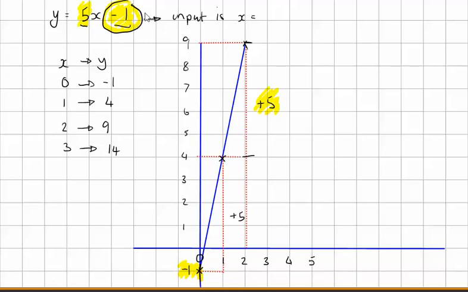No, that's the output. x equals 0. So if we don't use 0 as the input, we can't use that as the output. So that number only matches to minus 1 when x is 0. Okay? Make sense?